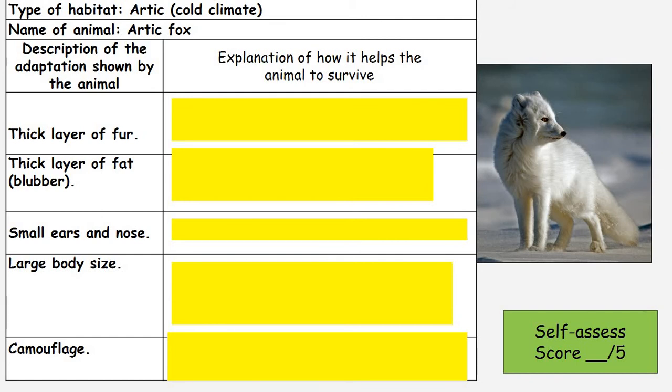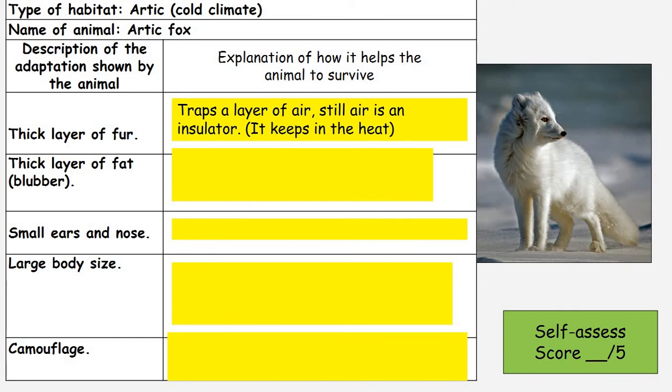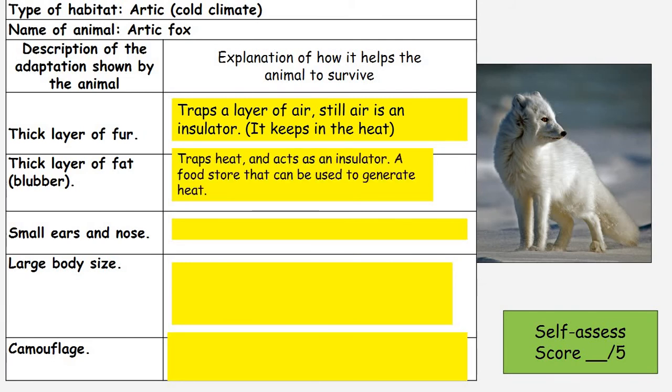So here we've got the Arctic fox example. The thick layer of fur is going to trap a layer of air as an insulator. Again, the fat as an insulator and a food store. Small ears and nose relate to our surface area to volume ratio.